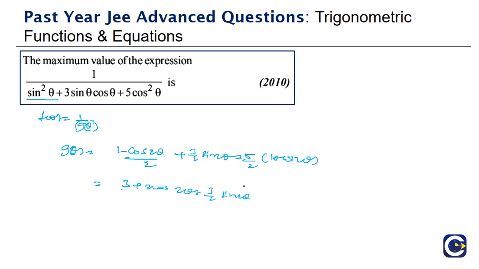So this value must be greater than or equal to 3 minus the root of 4 plus 9 by 4. So g minimum is nothing but 3 minus 5 by 2, which is half, which implies f max value is 2. So the final answer for this question is 2. They asked for the maximum value of the function, so the maximum value is 2.